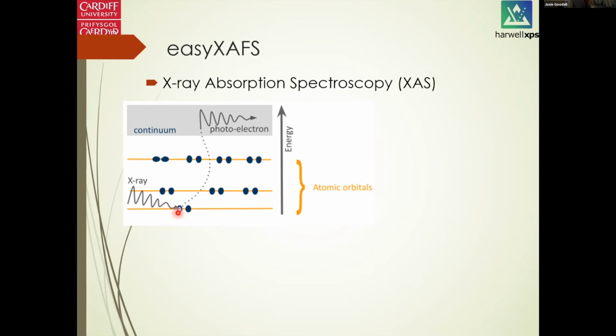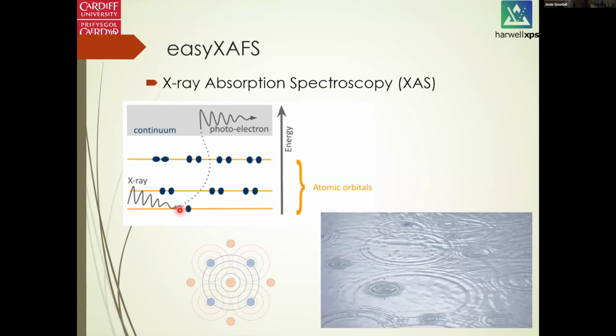And by increasing the energy, the electron will have enough to be ejected from the orbitals. And these photoelectrons, due to the quantum mechanical effects, will provide the local coordination structures around the atoms that they are coming from.